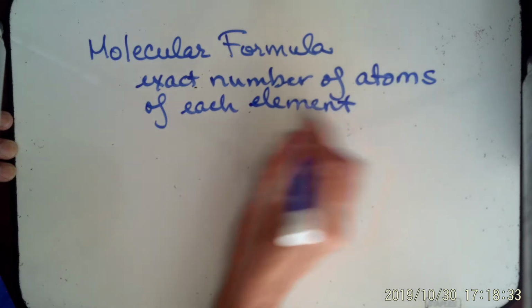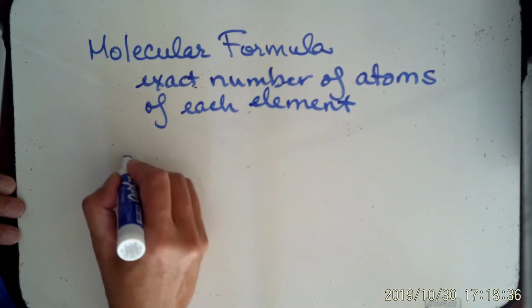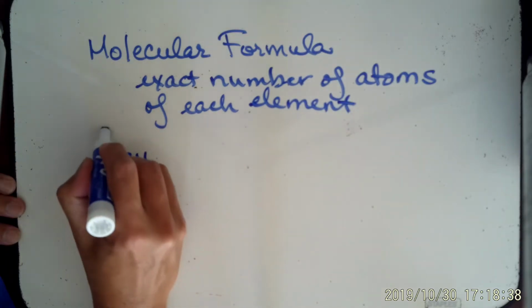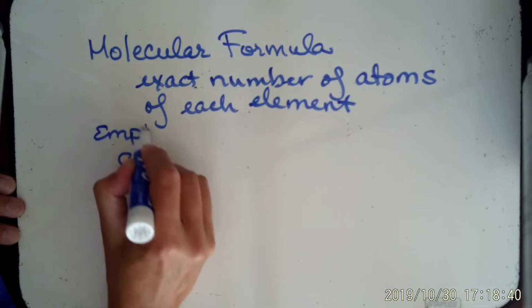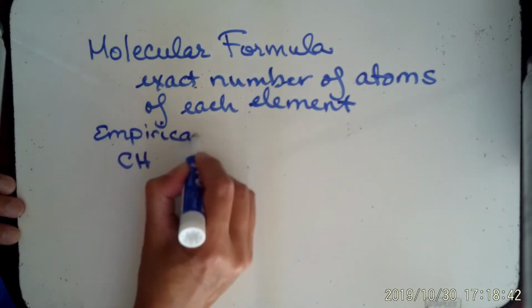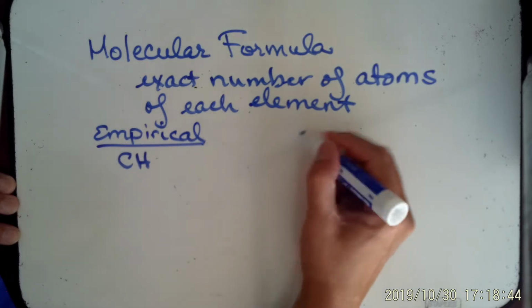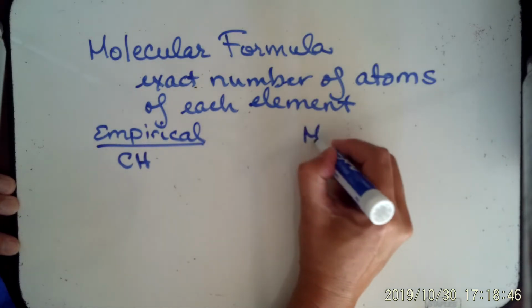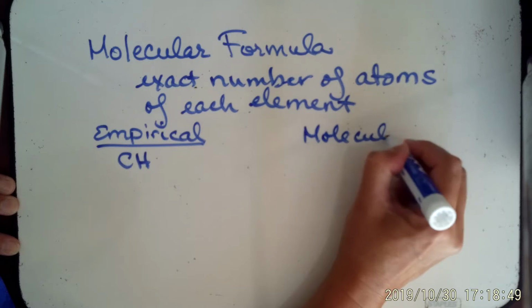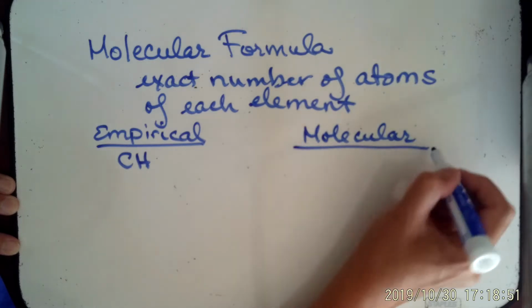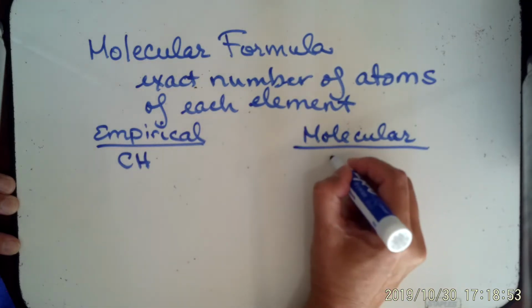And we found that, let's take a look at something like this. This is my empirical. We found that there's a whole number of units between my empirical formula and my molecular formula.